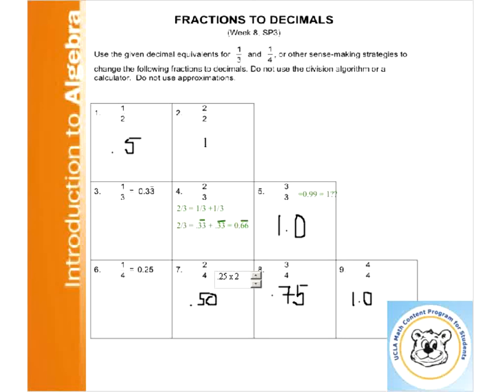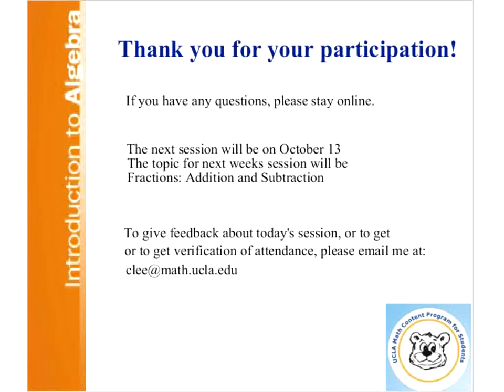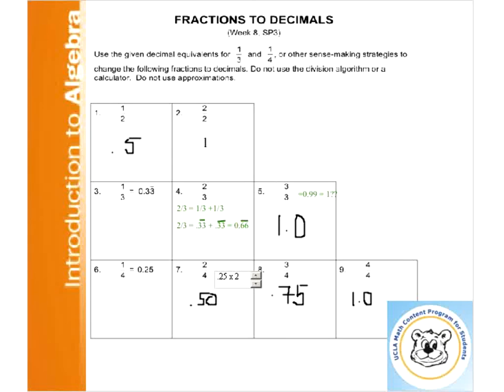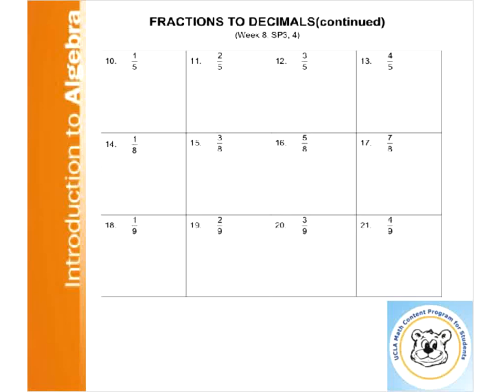There's actually 2 more pages here. I'm going to go ahead and move on. Oops, too far. Okay, so the next page, again, has some fractions that we want them to convert into decimals. And we want to emphasize, like we did on this page, using alternative strategies or sense-making strategies to convert these fractions into decimals. I'm running out of time here, but there are a couple of strategies I wanted to point out.